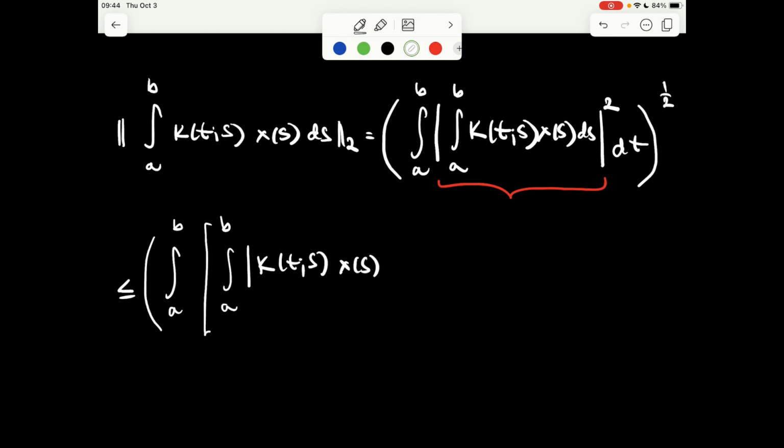So we put the function into the absolute value and we take its norm.